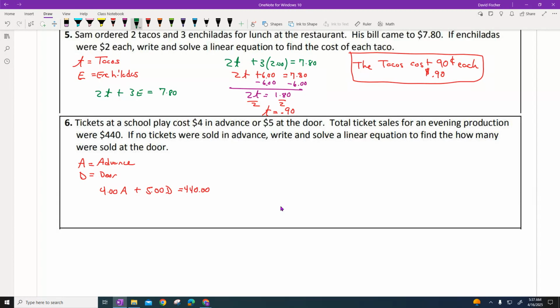Now they told us there were no tickets sold in advance. That means that 0 goes there for the A. So I got $4 times 0 plus $5 for the door ones, and I sold $440 altogether. Well, I know that 0 times $4 is 0, so this is just going to be $5 D's. This is going to be a fast one. And let's get rid of that $5.